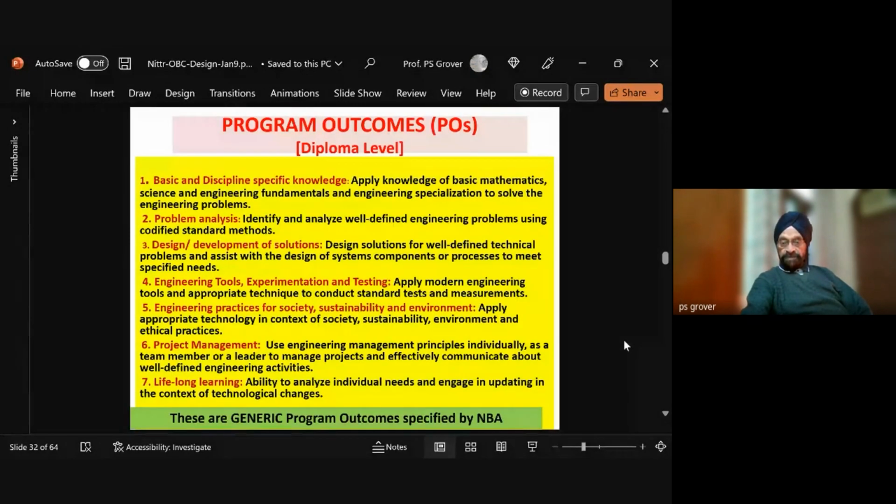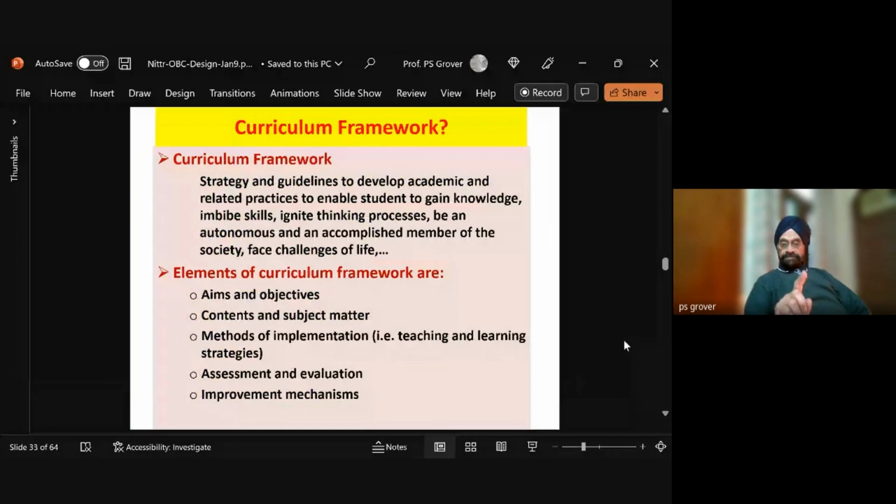In order to achieve these outcomes, we need strategies and guidelines to develop academic and related practices. Academic is the instructional method. This may be tests, maybe your exams, to enable students to gain knowledge, imbibe skills, ignite thinking processes.